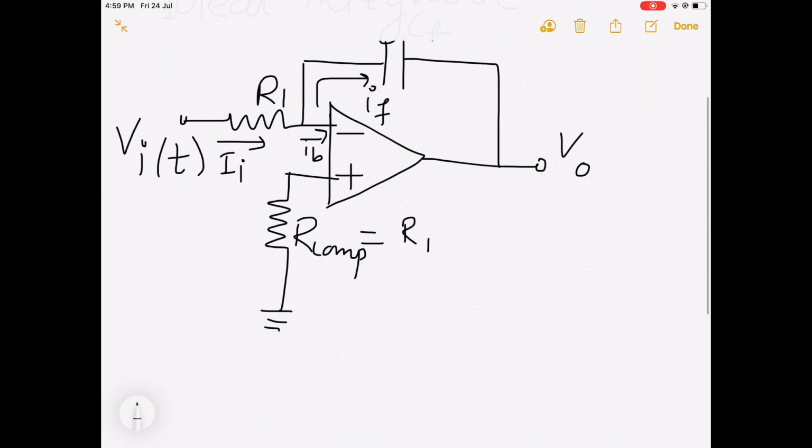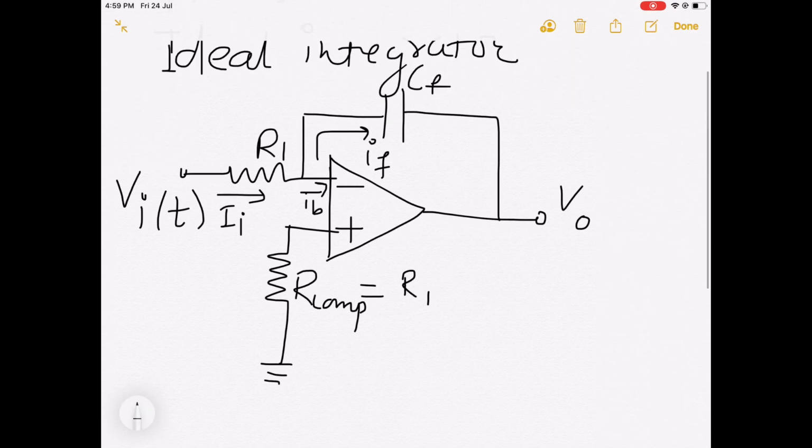For calculation of output voltage, if you see this diagram, if capacitor is not there and if a resistor is there instead of capacitor, that circuit is nothing but the inverting amplifier configuration, right. So, if you remove that resistor and use a capacitor in the feedback, then that circuit acts as an integrator.